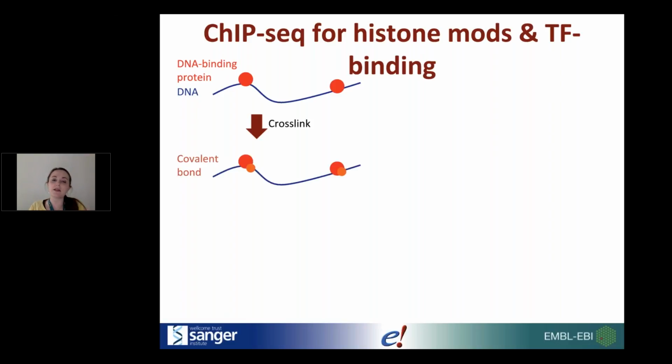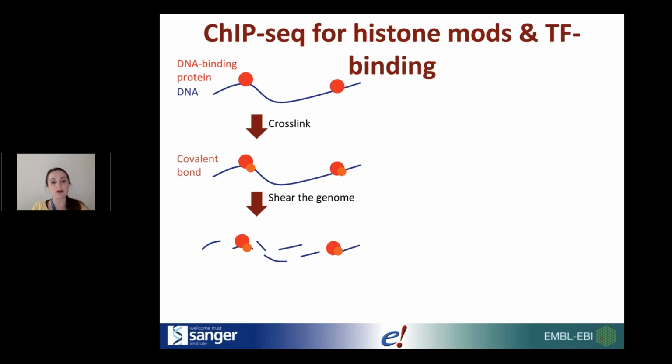We then covalently cross-link the DNA binding protein to the DNA, and we shear the genome. We cut it up. There are different methods for doing this. Some people use enzymes, some people use sonication, which is basically blasting it with sound waves so it just breaks.